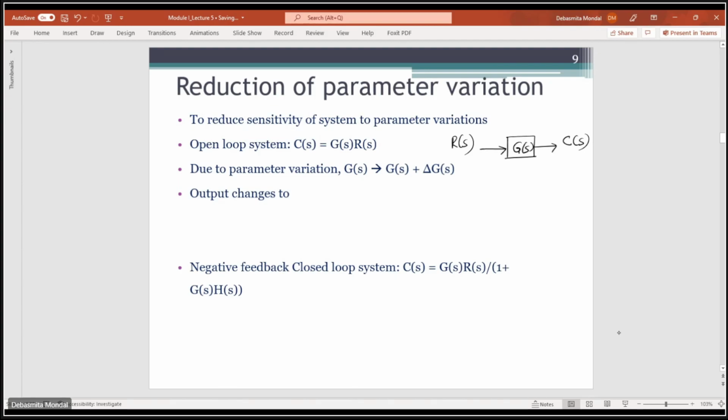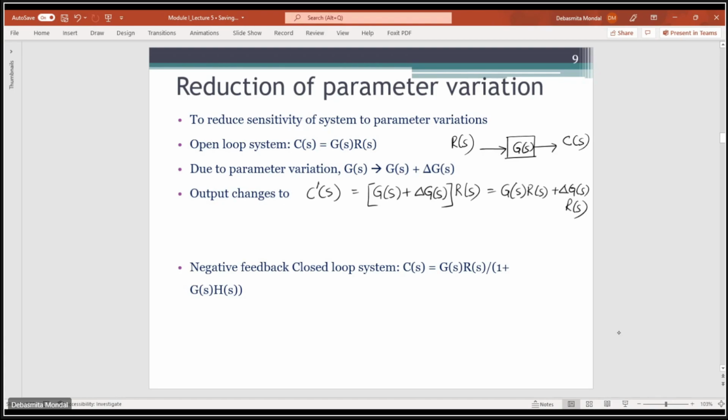The moment the value of G(s) changes, the output will also change. Let's say the output now becomes C dash(s), which will be equal to G(s) plus delta G(s), multiplied by R(s). This is nothing but G(s)R(s) plus delta G(s)R(s).